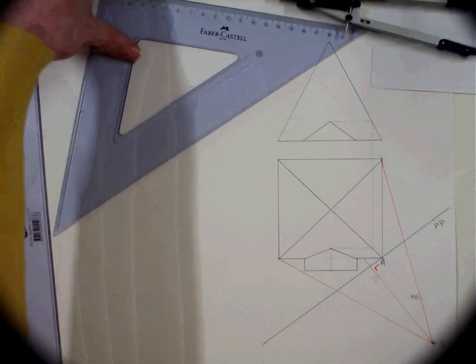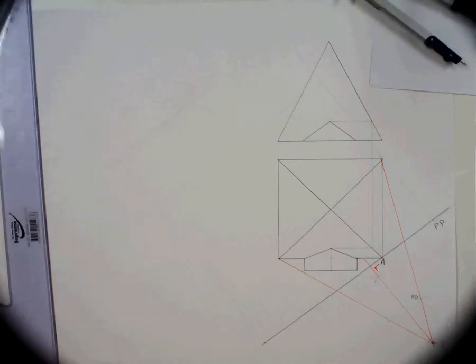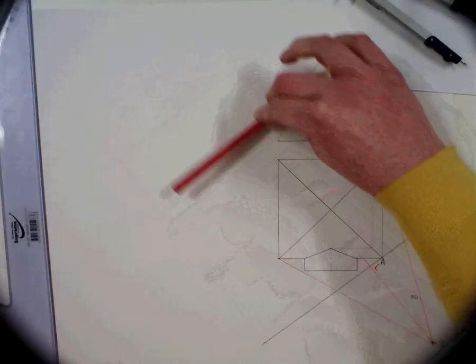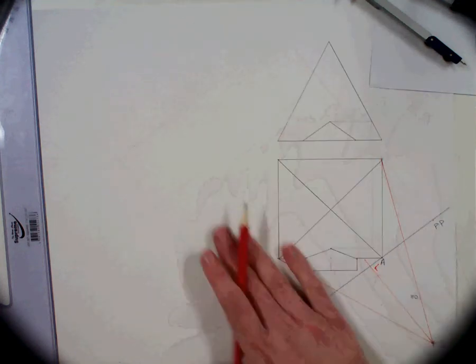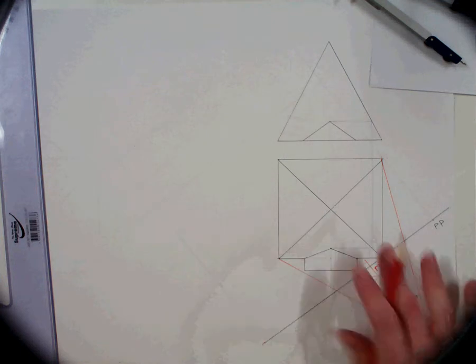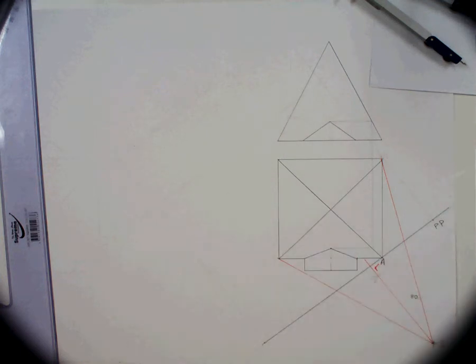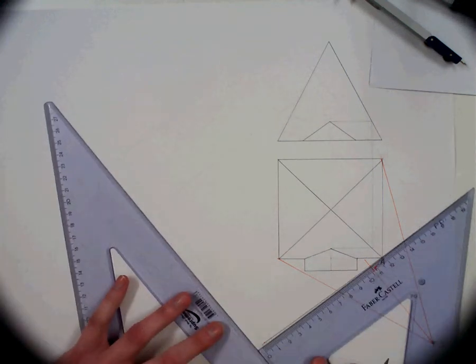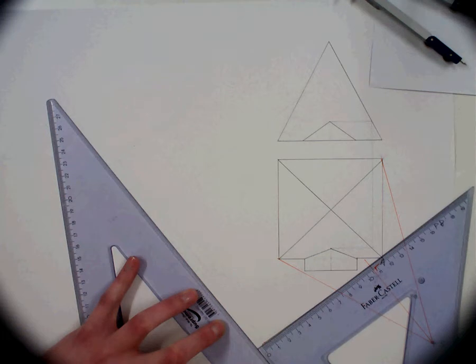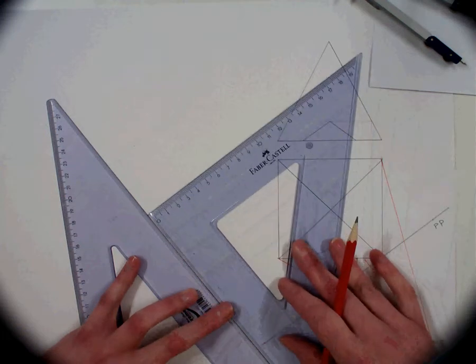Your ground line and horizon line are going to be parallel lines to this. It doesn't matter where you start your ground line, as long as it doesn't cross over your plan, because you want to see your plan, you don't want any lines going across it. So just up from your plan you can draw a parallel line, going parallel to it using sliding set squares.